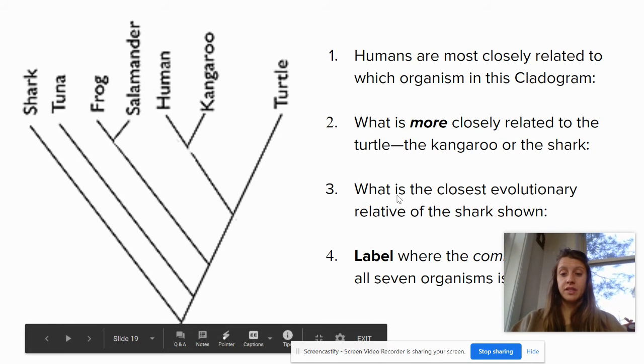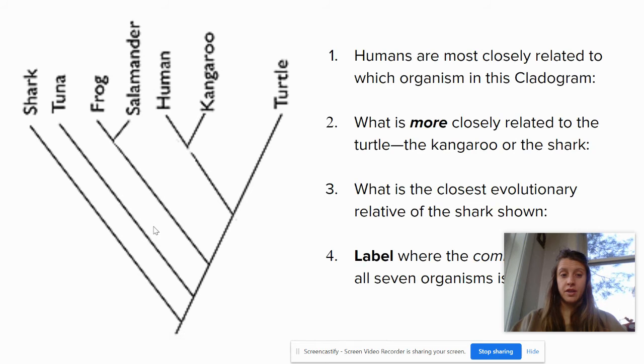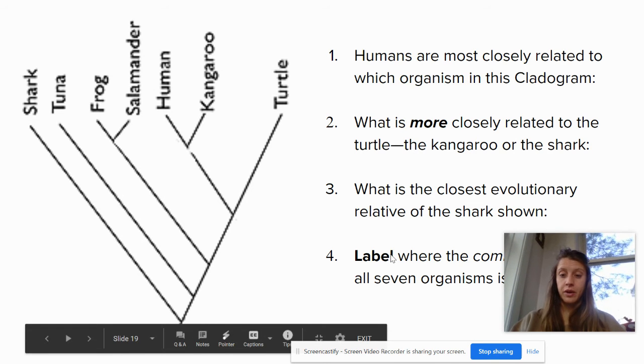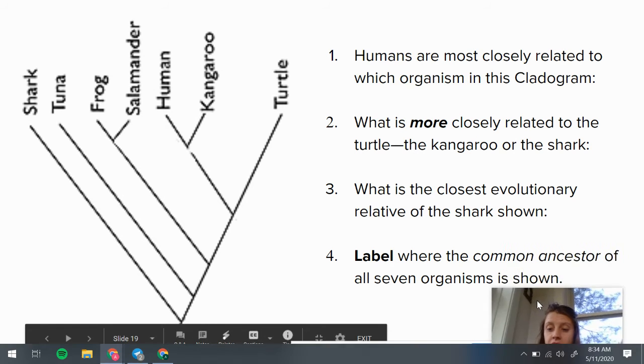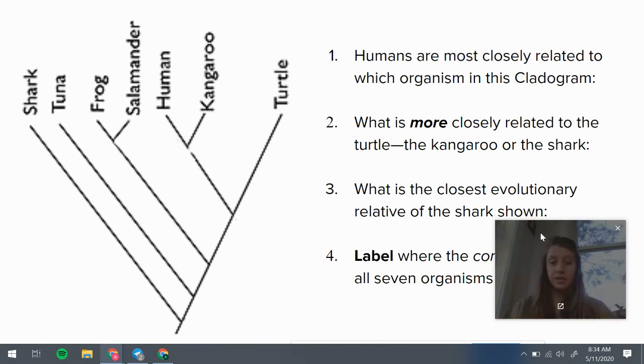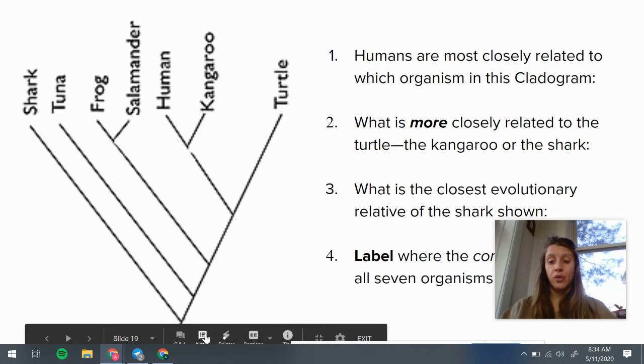The closest evolutionary relative of the shark that is shown is the tuna, because they share a common ancestor here. Frogs are more distantly related to sharks. They're branching away from sharks all the way up here. And then the common ancestor of all 7 organisms is shown all the way at the bottom.